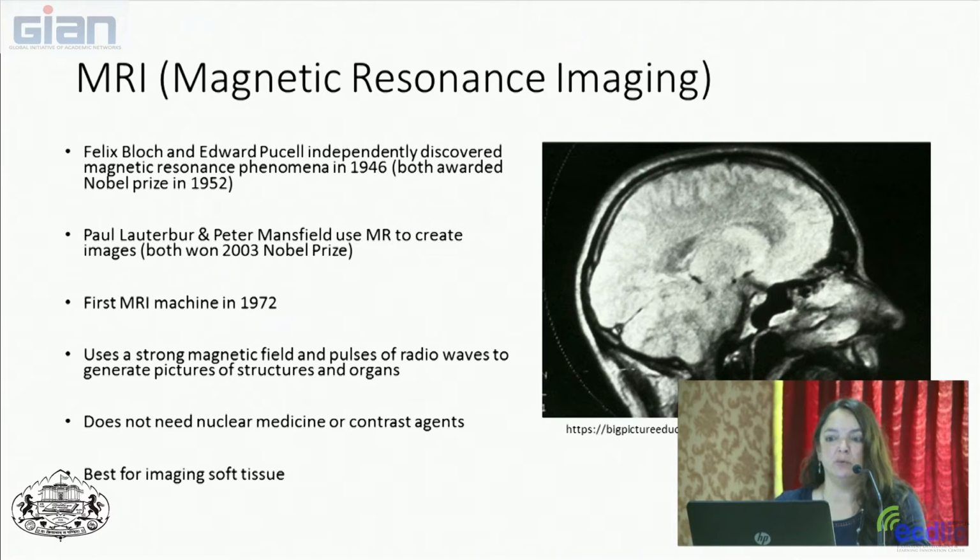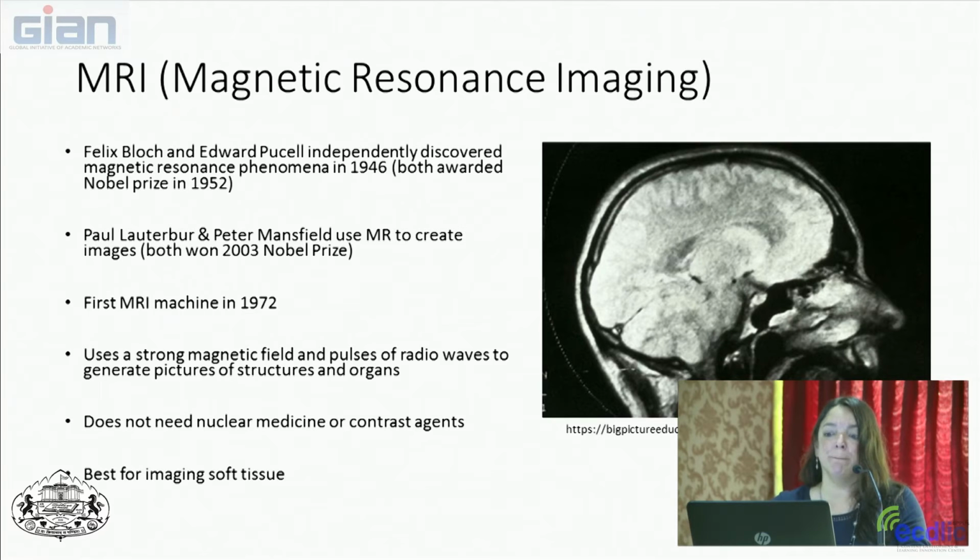Felix Bloch and Edward Purcell independently discovered magnetic resonance phenomena in 1946. They were both awarded a Nobel Prize for this in 1952. The magnetic resonance that they used was mostly nuclear magnetic resonance, NMR, at the time.